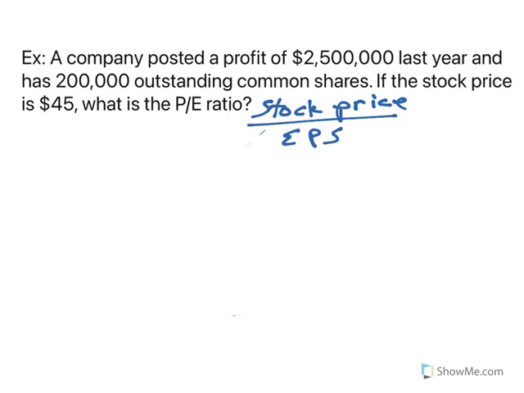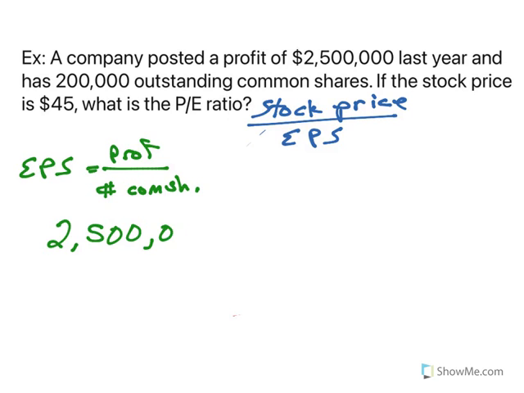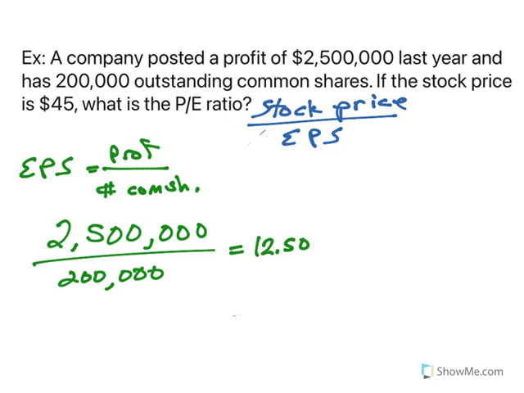So I first have to start by finding the earnings per share, which is profit over the number of outstanding common shares. So let's start there. My profit is $2,500,000 and I have 200,000 common shares. That means my earnings per share is $12.50 or 12.5.